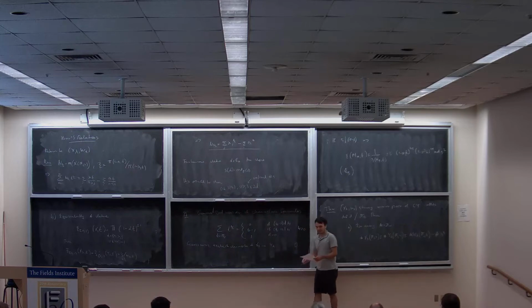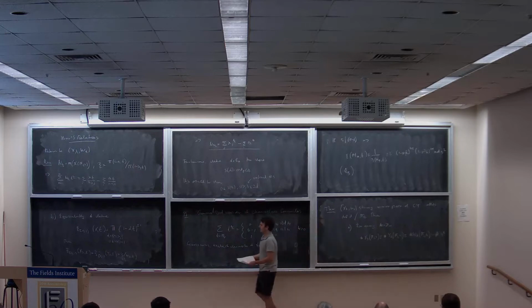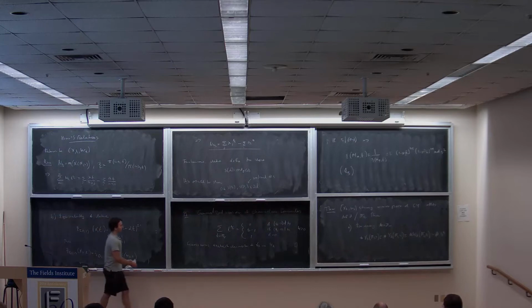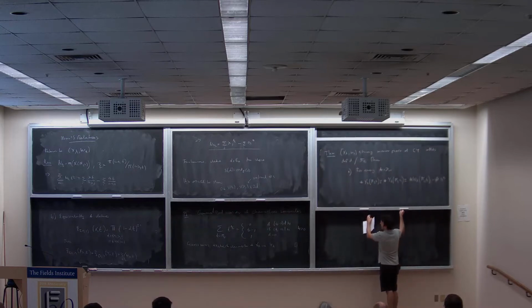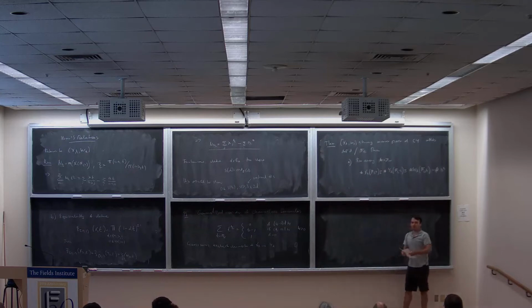Okay, but somehow it seems like this slope stuff, the slope of these reciprocal poles and zeros, is preserved by mirror symmetry in some kind of way. And so for that reason, there's a conjecture that tries to capture in spirit what I was talking about, what we should expect, maybe.